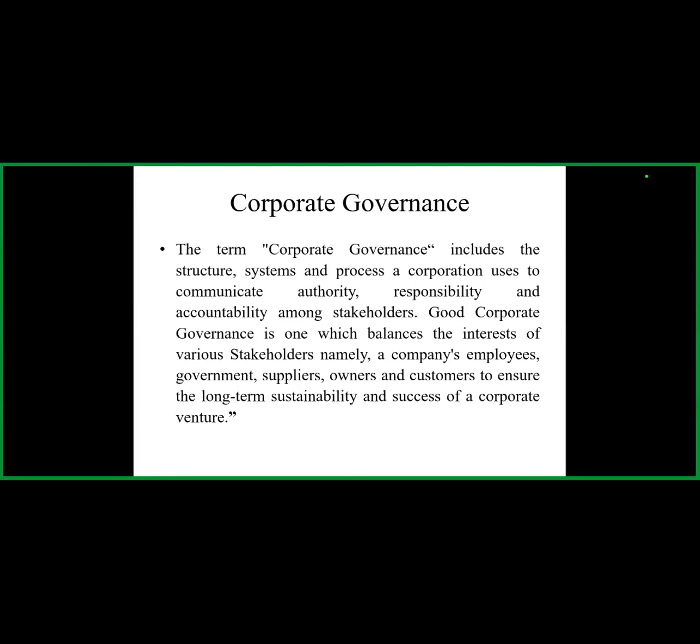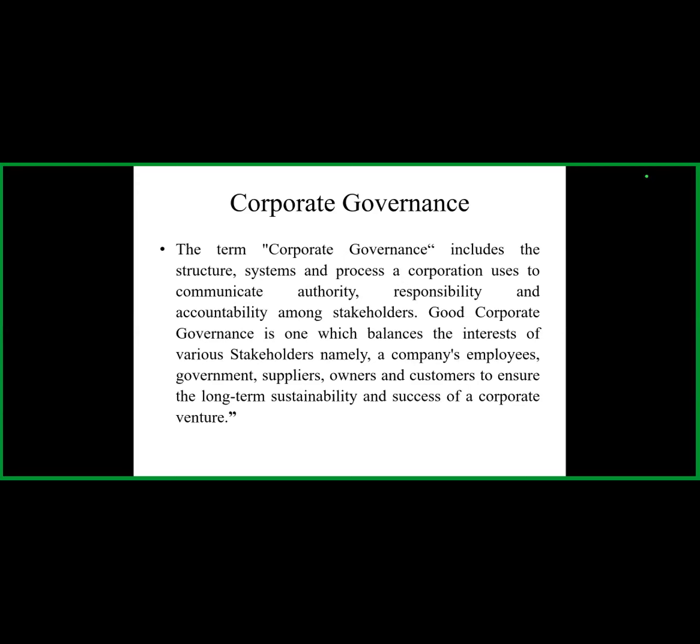There will be a managing director or CEO or general manager, then the senior manager, deputy manager, then executives, then officers, then supervisors, then the operators or employees. So this is called the structure or the hierarchy.